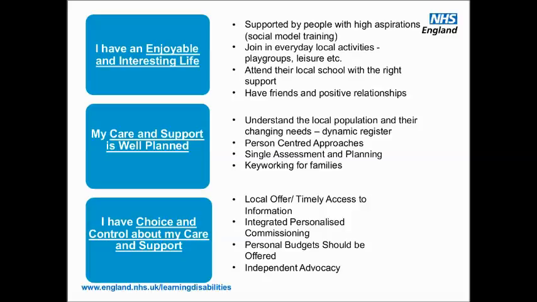It talks about integrated personalised commissioning and personal budgets, so that's looking beyond the defined groups of children and people in receipt of continuing care or education, health and care plans, and thinking about how individual or personal budgets might be offered to this cohort much more generally.